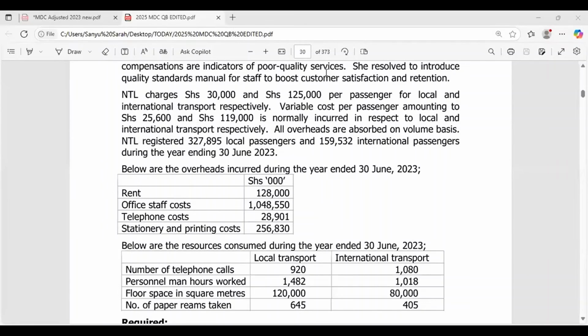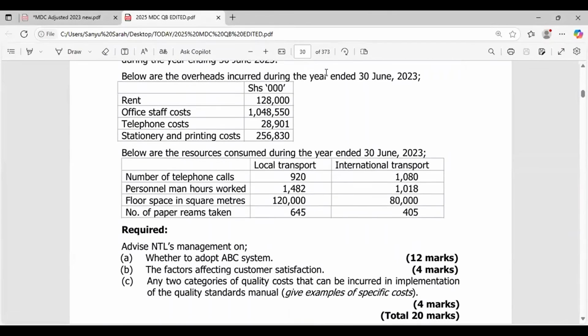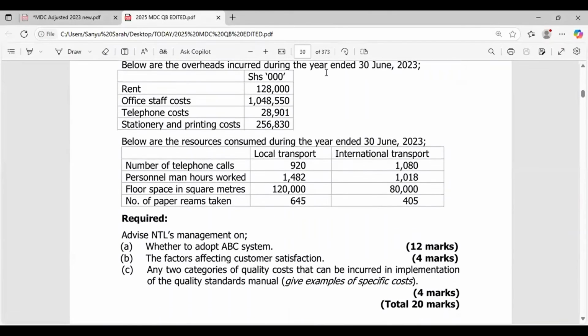So they gave you those overheads: rent, office staff costs, telephone costs, stationery and printing costs. Below are the resources consumed during the year ended 30th June 2023. So they gave you local and international transport, number of telephone calls, personnel man hours worked, floor space in square meters, number of paper reams taken.